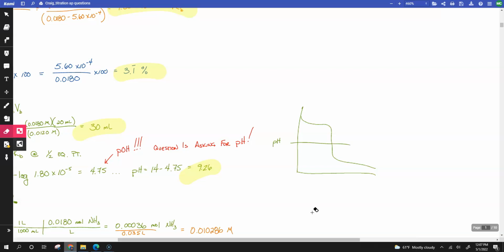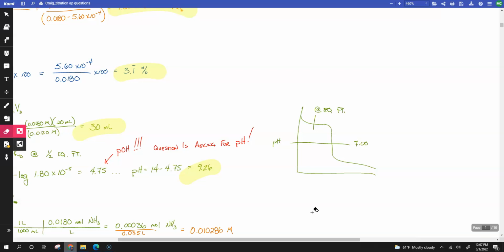Remember that at the half equivalence point, let that pop up, give it a second, there we go, with the pOH. This is a pH mark here, so we would need to find out what that pOH is.